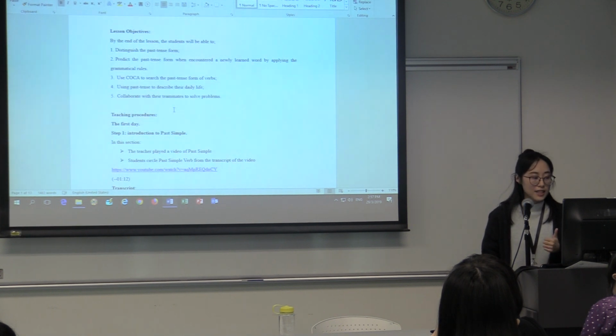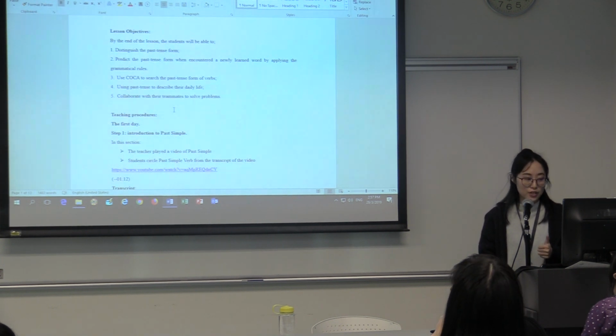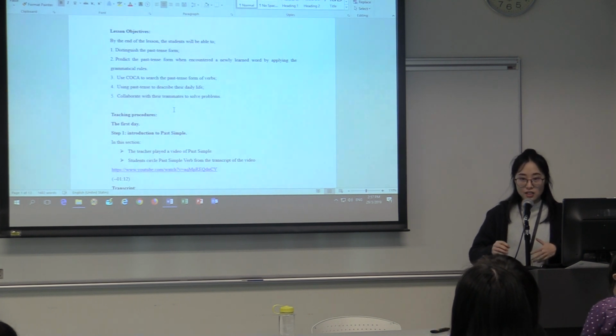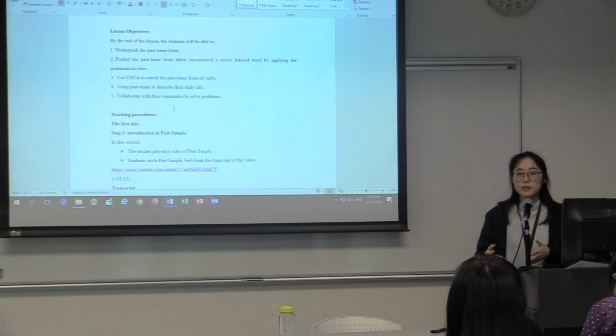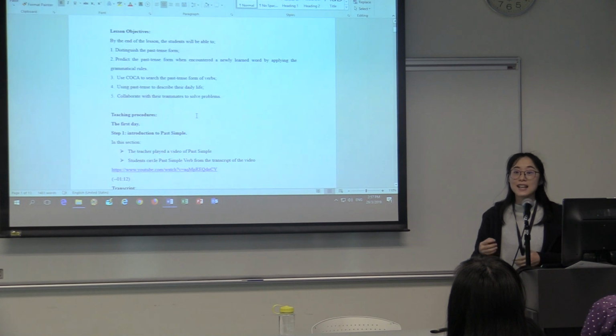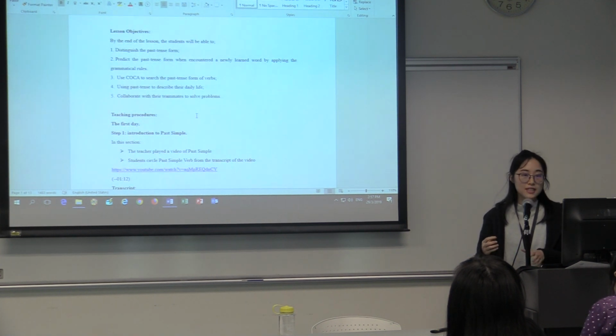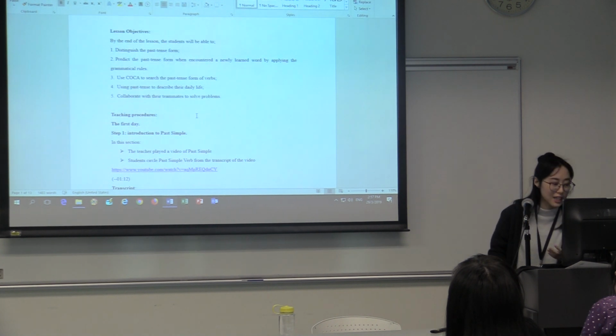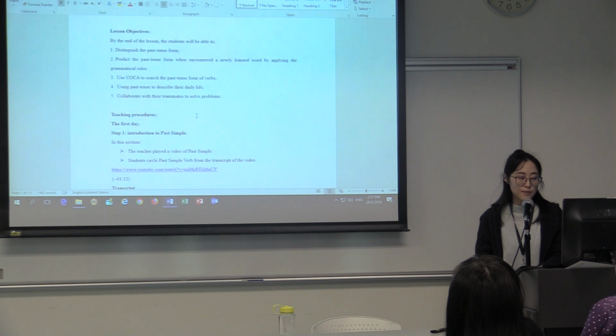Third, use the corpus to search the past tense form of verbs if they encounter difficult or new words, and also use this tense to describe their daily life. Also, their ability of collaboration with their teammates to solve problems.